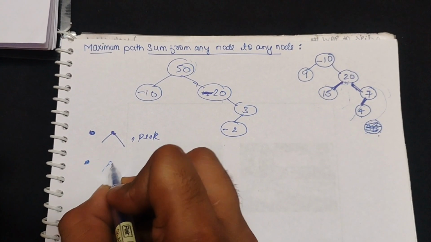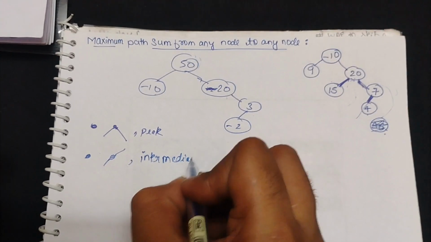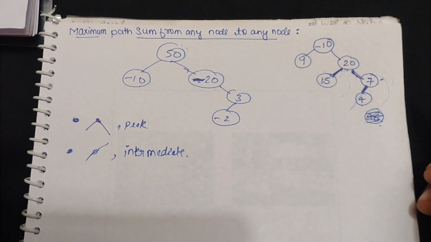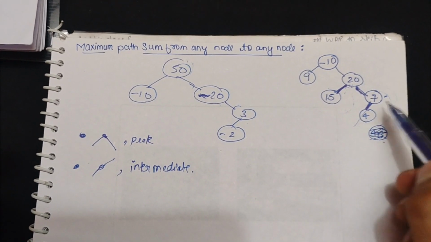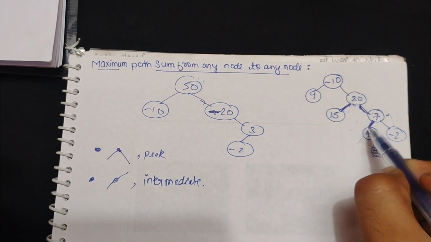Another case is becoming the intermediate. Becoming intermediate is like talking about this node. What if I had minus 2 over here, still this will be the maximum path.